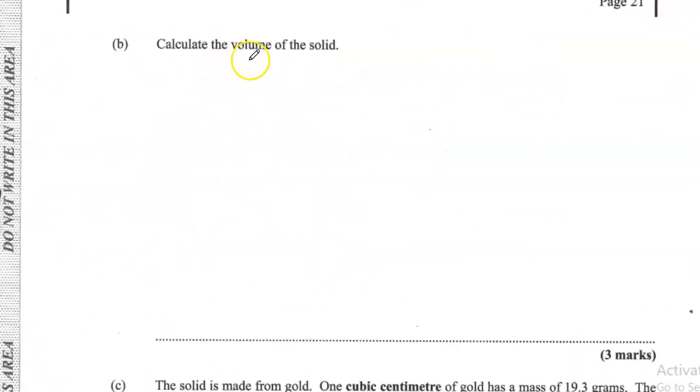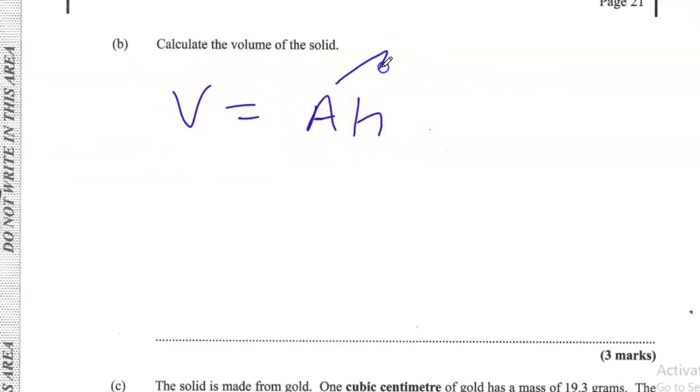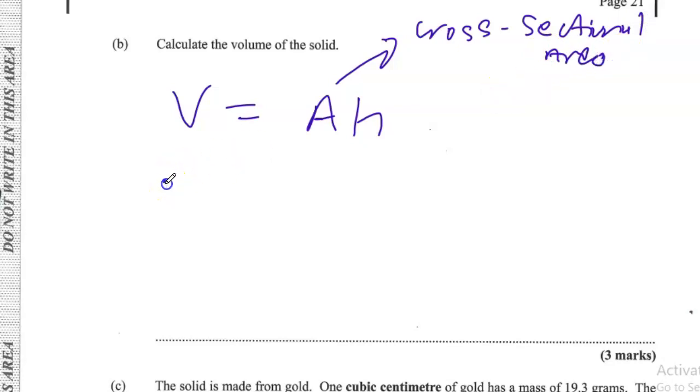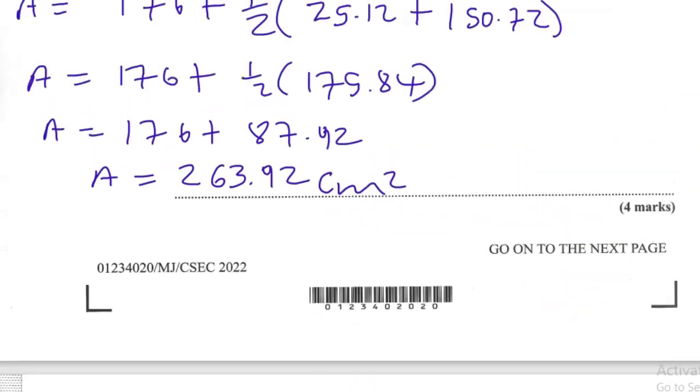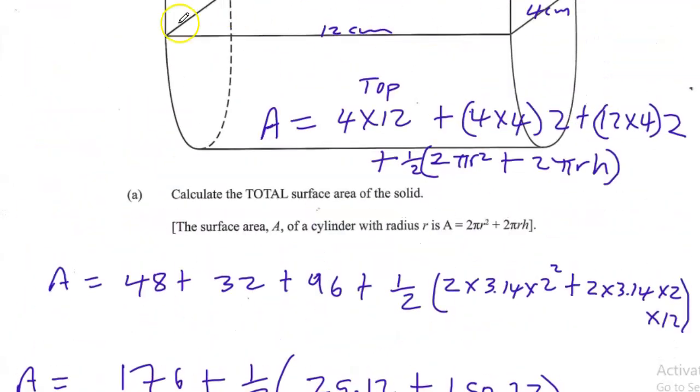Next, we're asked to find the volume of the solid. So the volume equals area times height. We're talking about cross-sectional area specifically, times height. Let's check back the diagram. We know the height is 12.